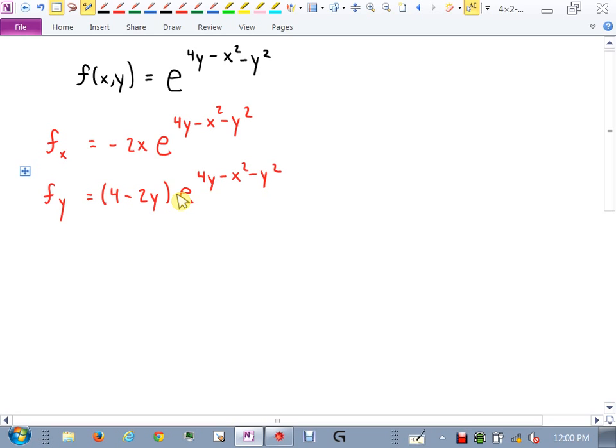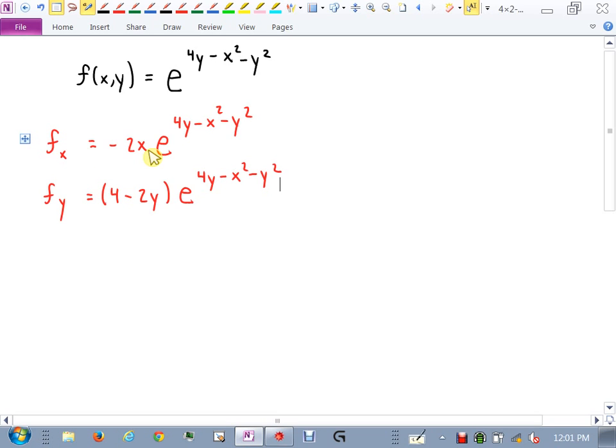Yes? With respect to y, you mean? Yeah, if I go with respect to x, then y, then I would not need product rule. Correct. So that one will be a little easier.